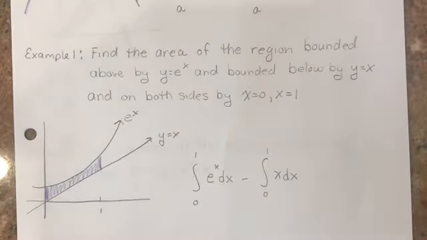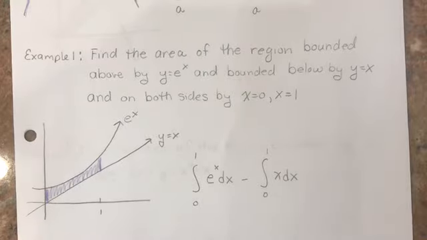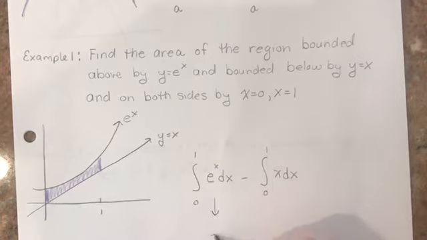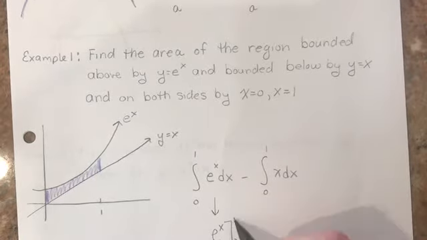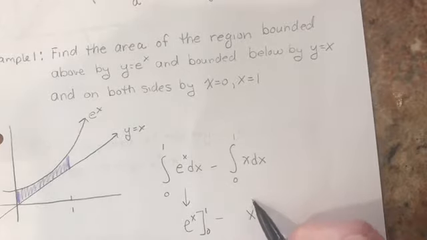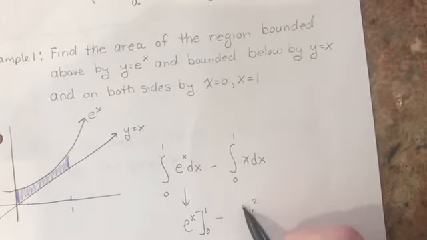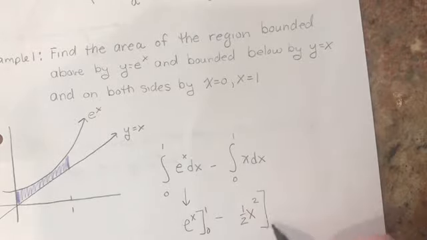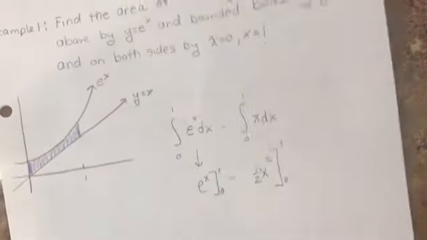Okay, so we're ready to go. You guys should know how to do this. If we integrate this, e to the x stays e to the x, and we're going to evaluate at 0 and 1, minus, if we integrate x, it'll become x squared, but we would want to multiply that by 1/2 to get us back to where we started. We're also going to evaluate that at 0 and 1.